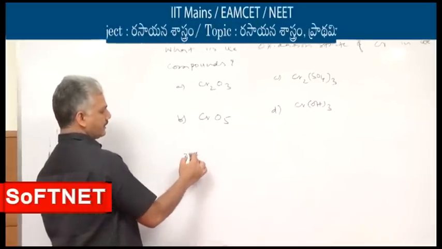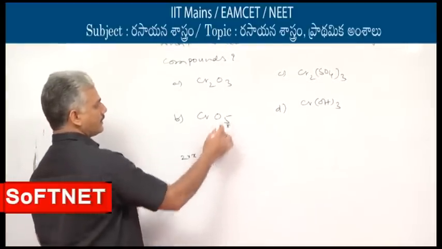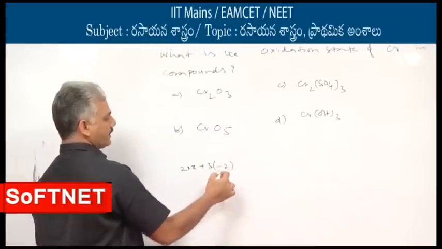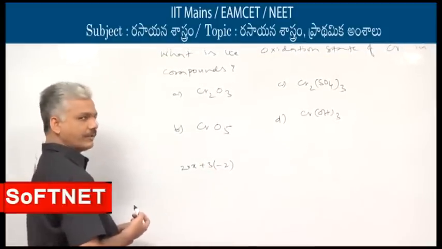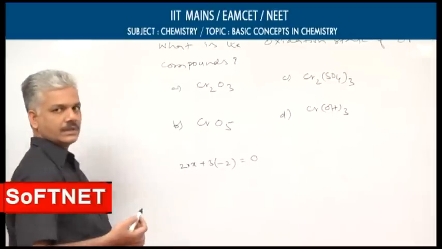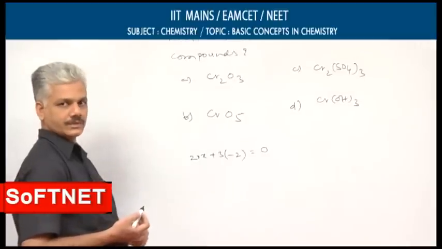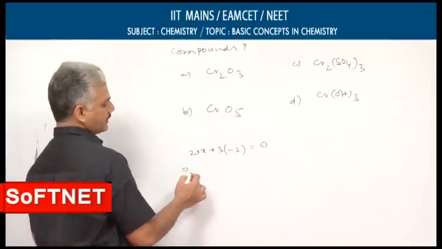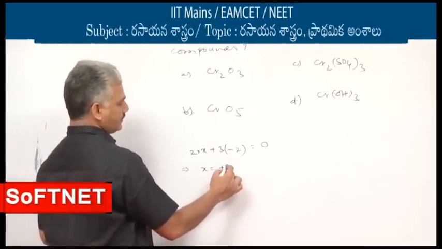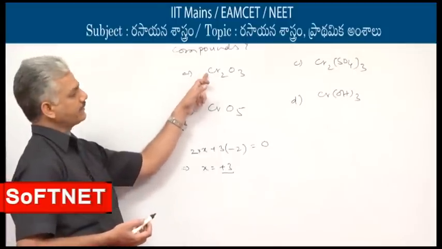So, let us say the oxidation state of chromium is X, and the common oxidation state of oxygen is -2, and the sum of the oxidation states of all the elements in a compound will be equal to 0.